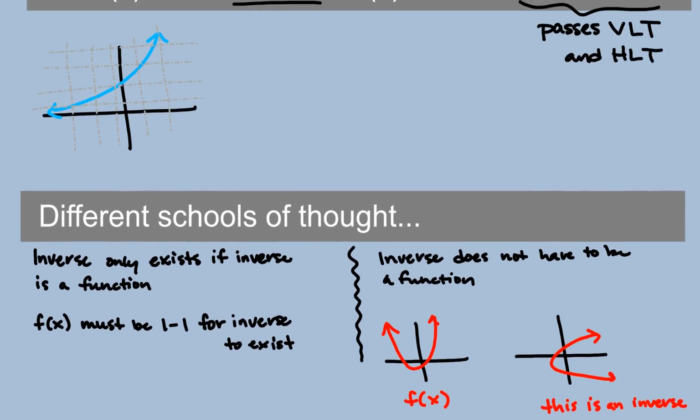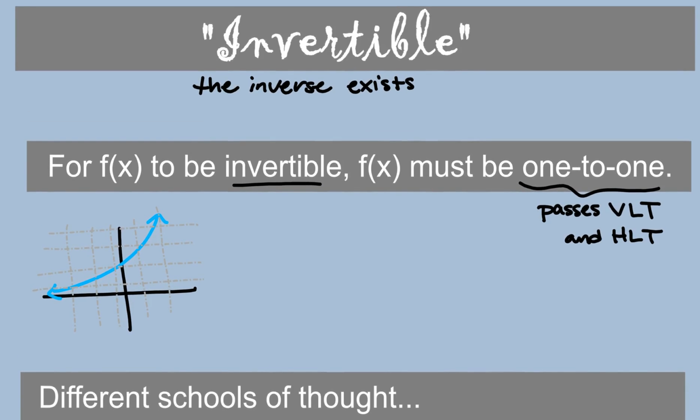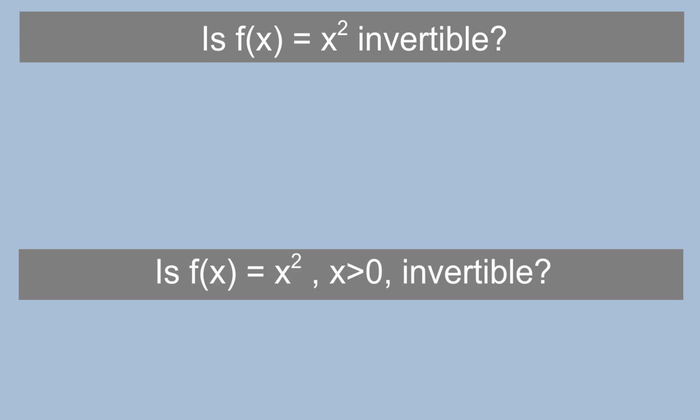Okay, so that's a lot of information about just the concept of inverses. Let's do a couple of examples. What about f of x equals x squared? Is it invertible? So according to the authors of your book, does it have an inverse? Well, let's see. Is it 1 to 1?